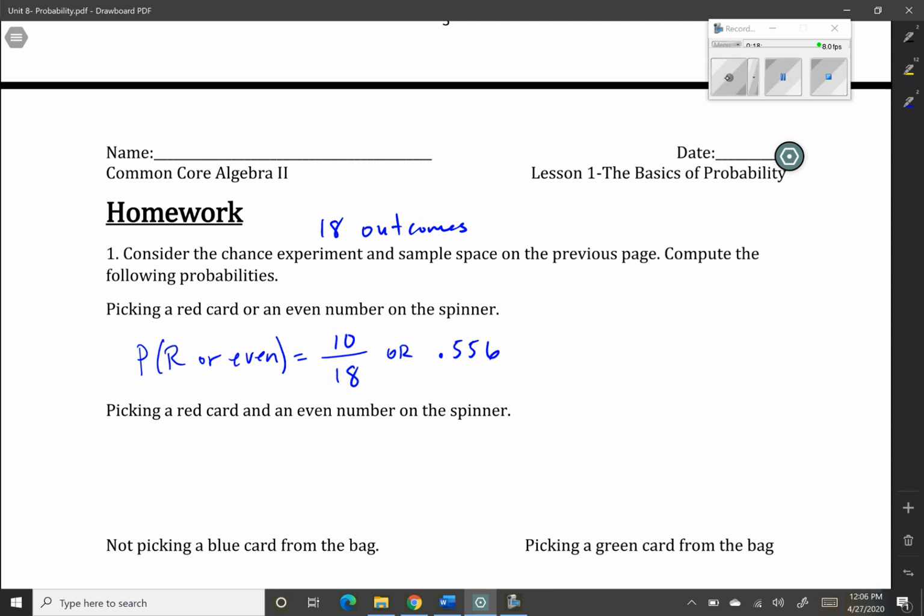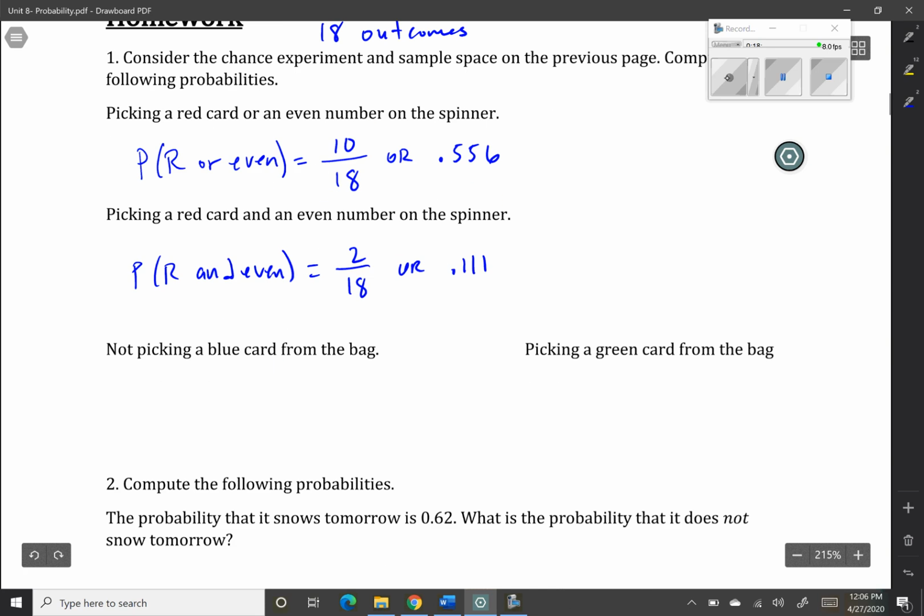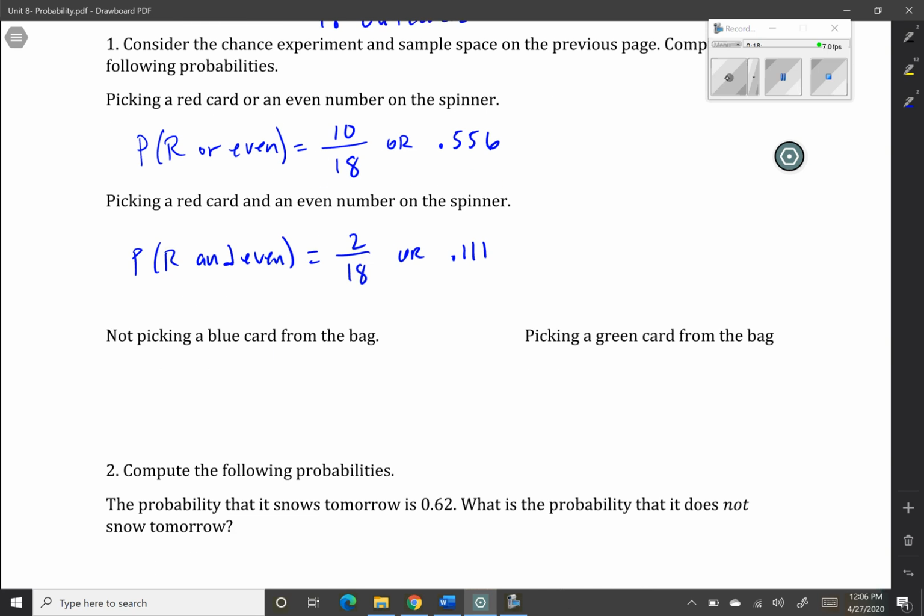Next one, probability of picking a red card and an even number. Probability of red and even. Out of our 18 outcomes, there are only 2 of them that do that. So that would be a probability of 0.111. Probability of not picking a blue card.